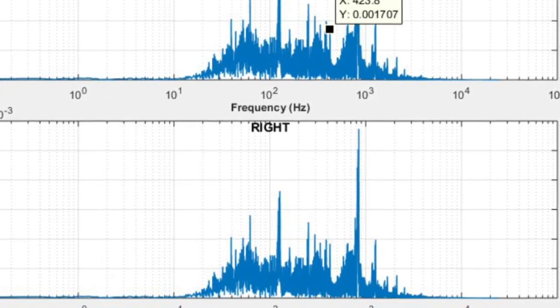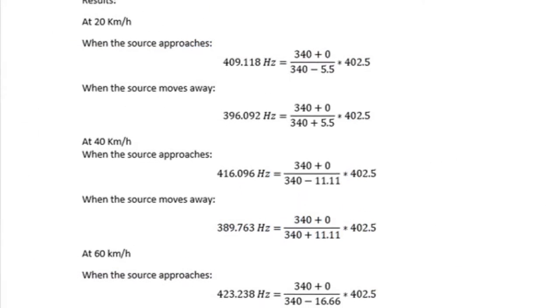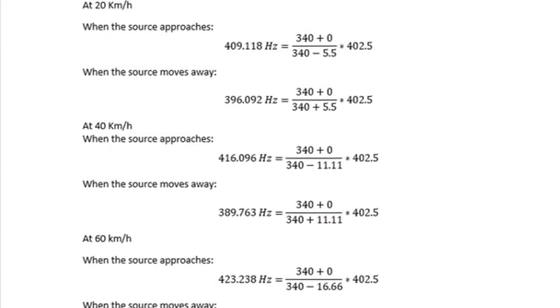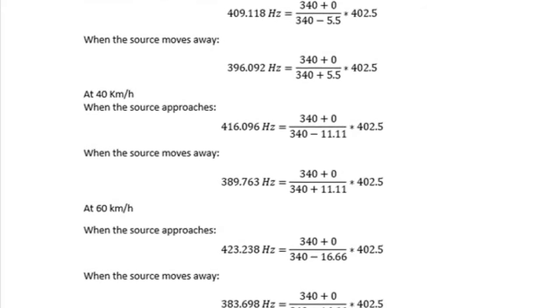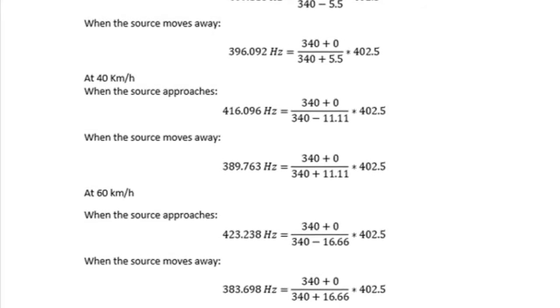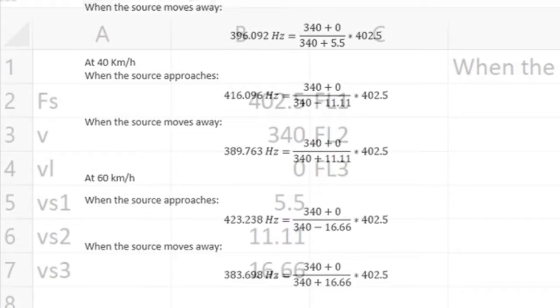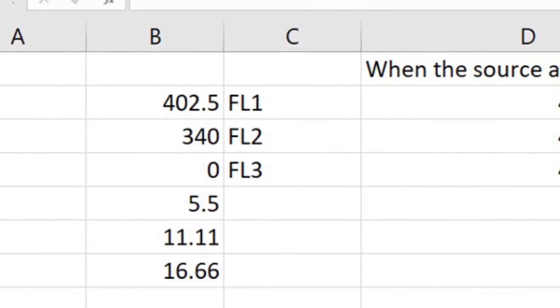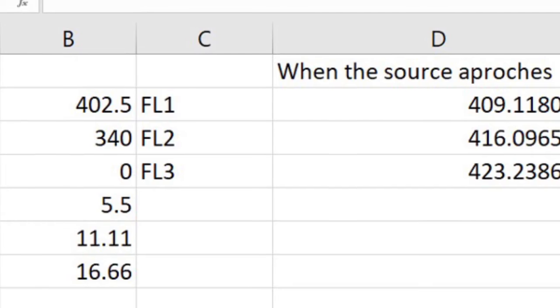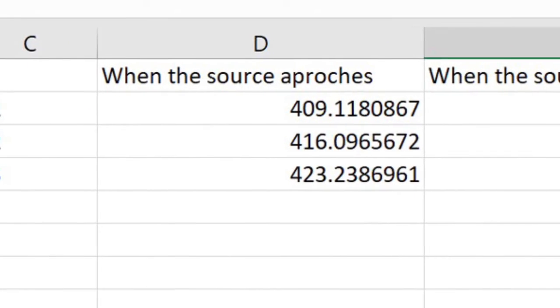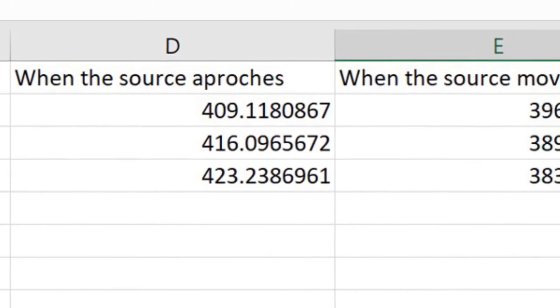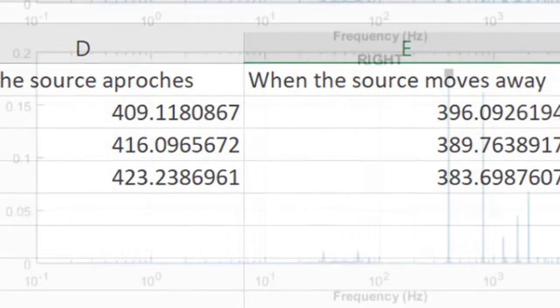At 40 kilometers an hour, when the source approaches, the frequency is 416.09 Hertz, and when the source is moving away, the frequency is 389.76. At 60 kilometers per hour, when the source approached, the frequency was 423.23 Hertz, and when the source moves away, it was 383.69.